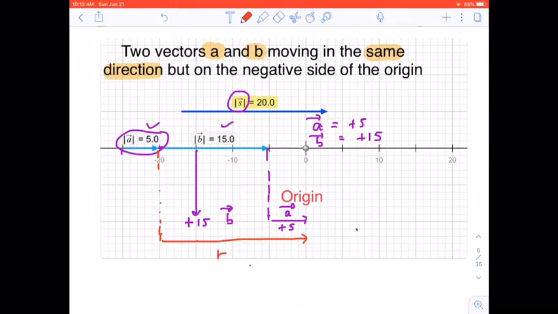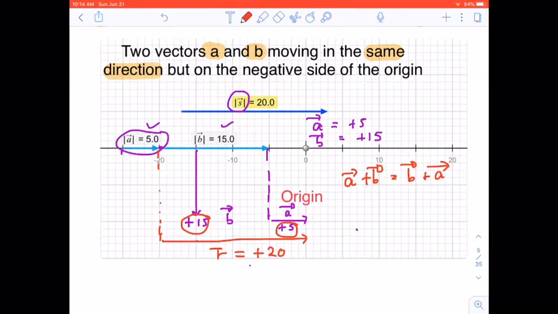So this is vector R, and that vector R would be 15 plus 5, which would be plus 20, which shows us that A plus B is equal to vector B plus vector A.